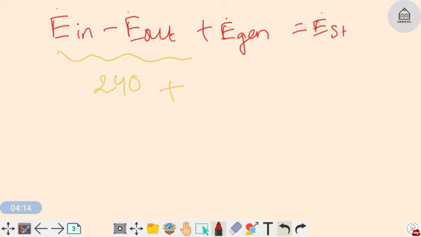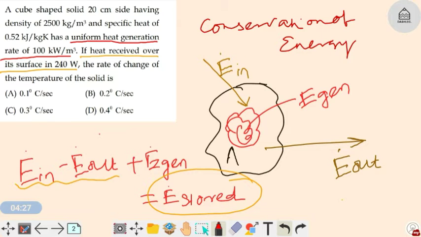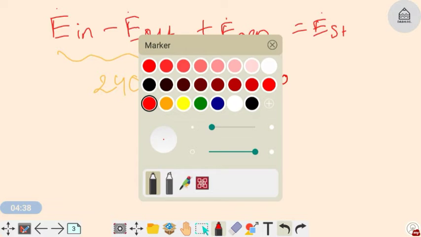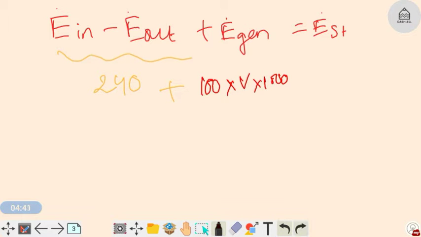So what is the rate of heat generation then? 100 kilowatt into the volume. Sorry, this one is in watt and this one is in kilowatt, so to make uniformity of the units I need to multiply 1000 with the 100.